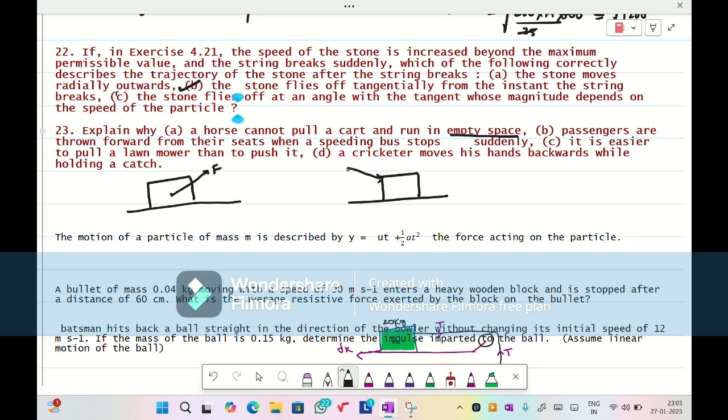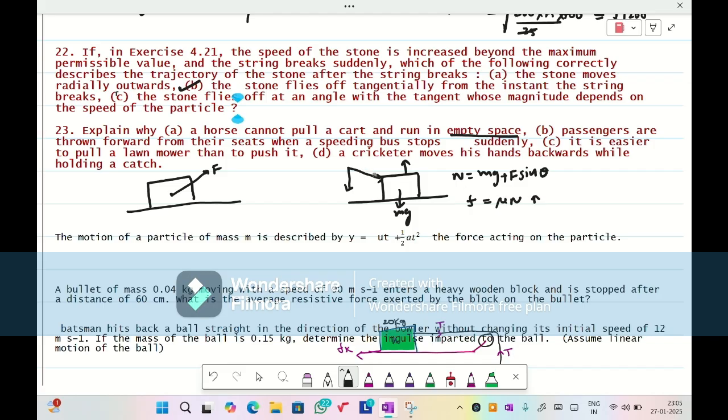When you are pushing, the F sin theta component adds, with normal force and mg. So here normal will become mg plus F sin theta. So in the pushing case, normal force is more, therefore friction, mu into N, will increase.